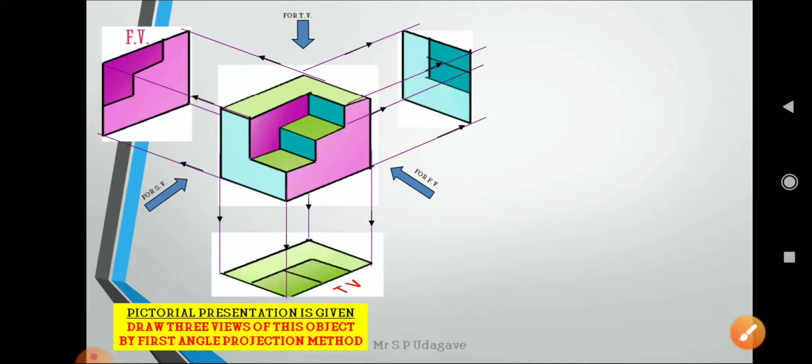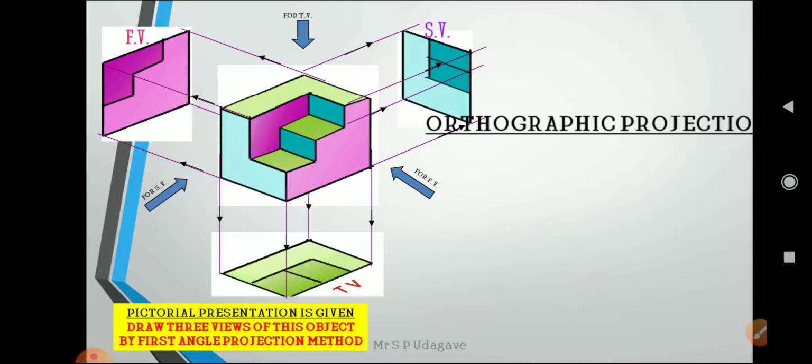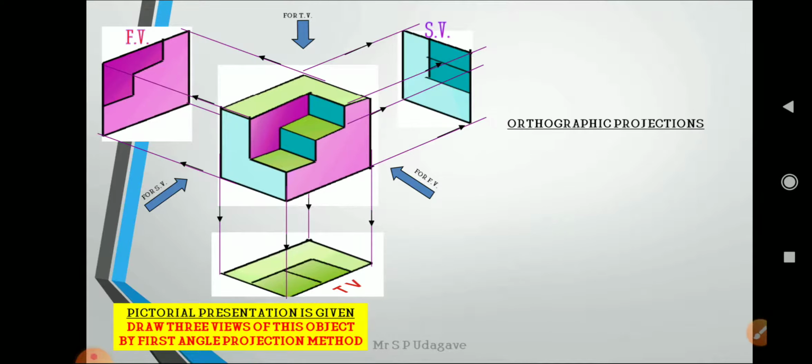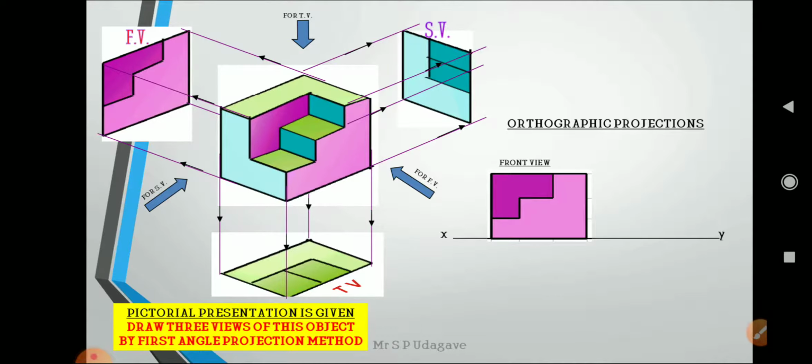Now these views we can draw as regular orthographic projection views, or we can draw them in a single plane. First we draw the XY line, then the front view, taking the length and height, and we draw the same figure that is observed in the X direction. Then we take the top view.